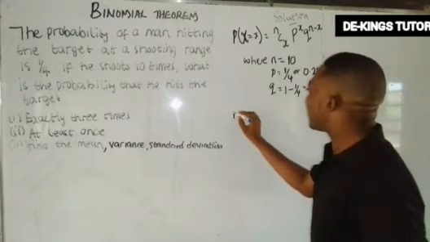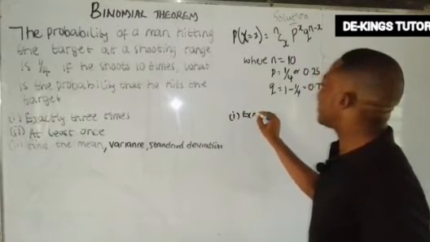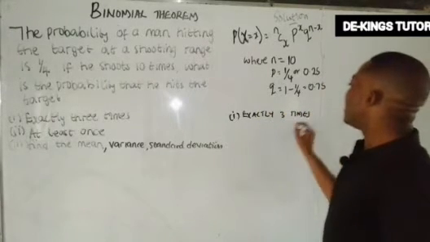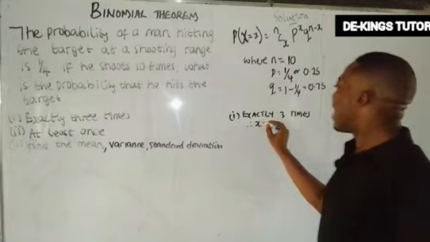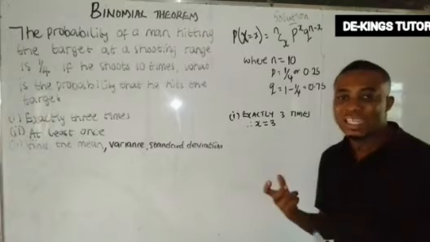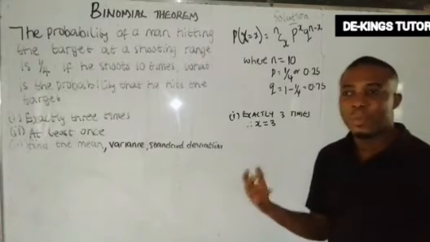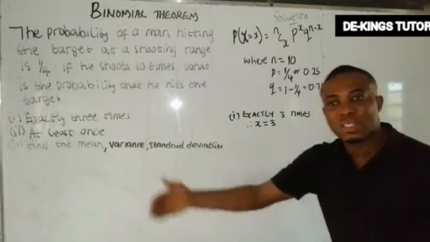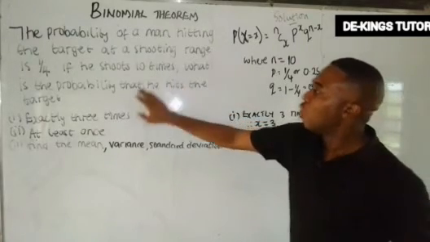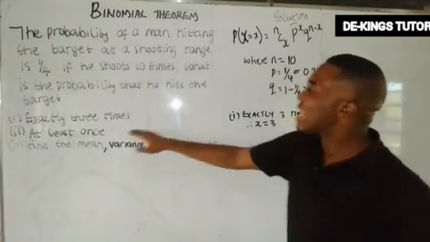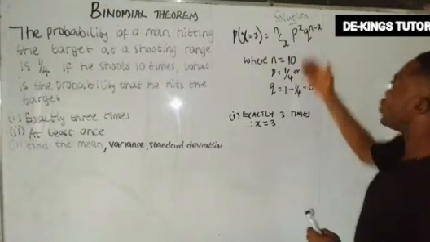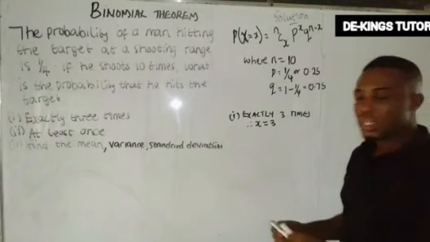So if I'm solving for the first one, exactly 3 times, it means that my x is equal to 3. And remember, we said x is the number of successes in n trials. If he shoots 10 times, what is the probability that he hits the target exactly 3 times? So our x is 3. We substitute into this to get the probability.